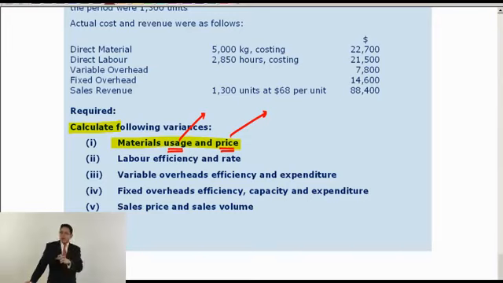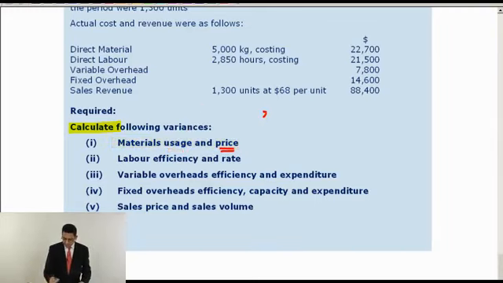And that's where this idea of so many variances comes along, so that we can find the right person who was behind the good performance or who was behind the poor performance. So usage variance is the responsibility of the production department, and price variance is the responsibility of the purchasing manager.